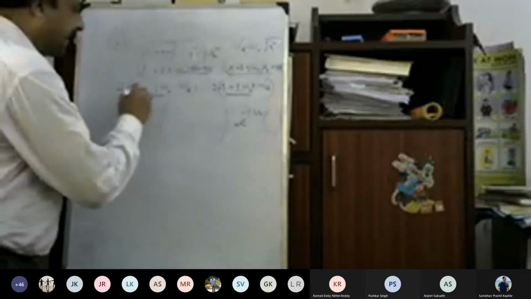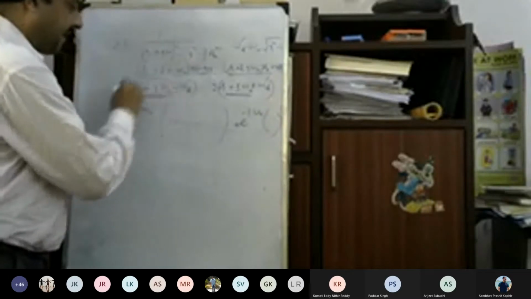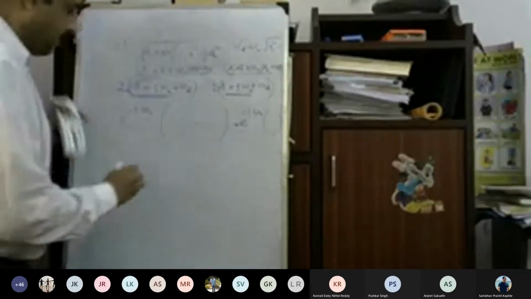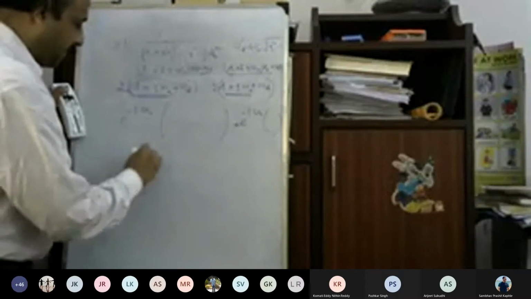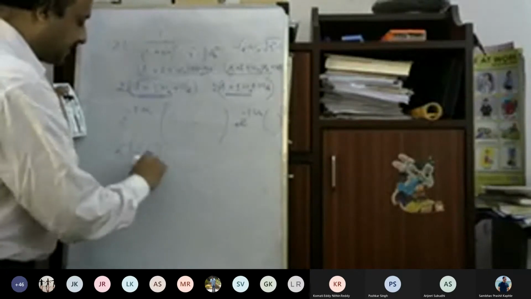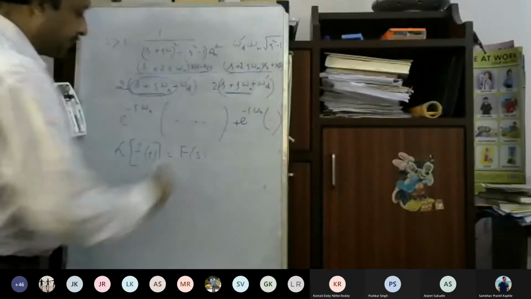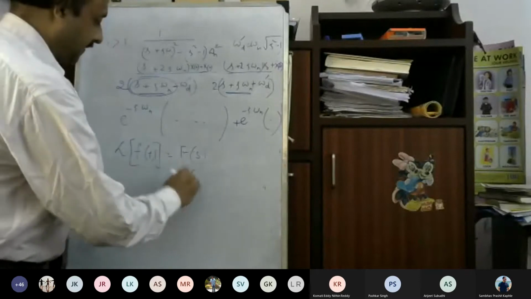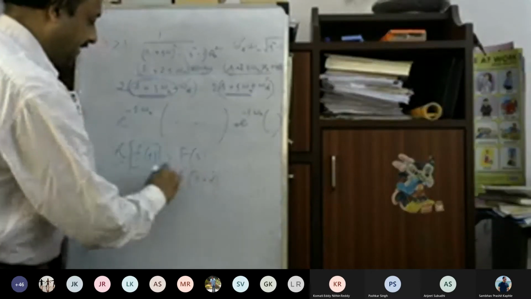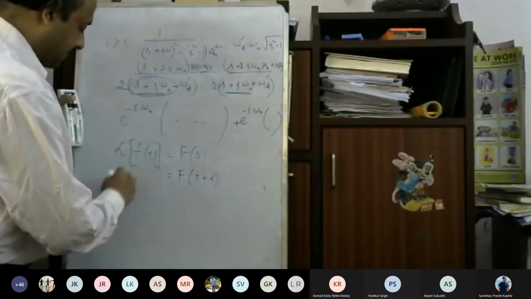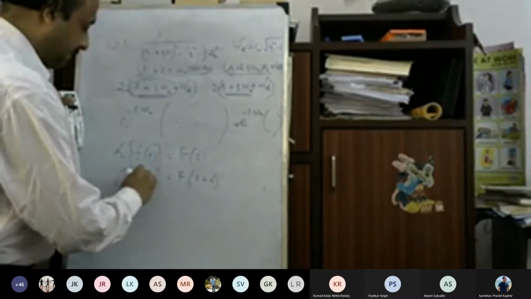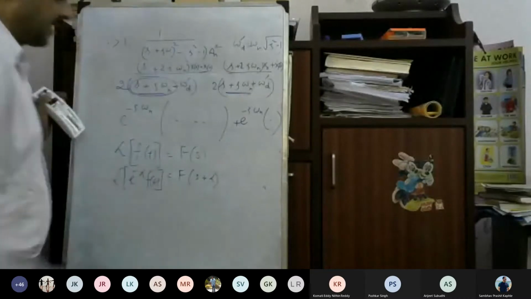of this thing, but because S plus zeta omega n is appearing in the denominator in this form, you know that if Laplace transform of f(t) is equal to F(s), then Laplace transform of e to the power minus alpha t f(t) will be F(s plus alpha).